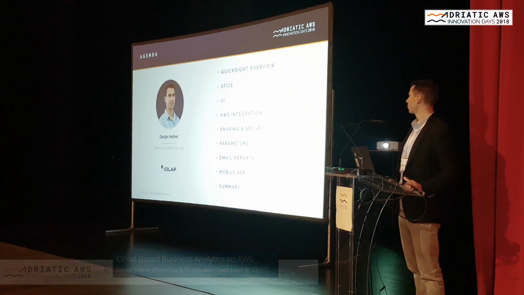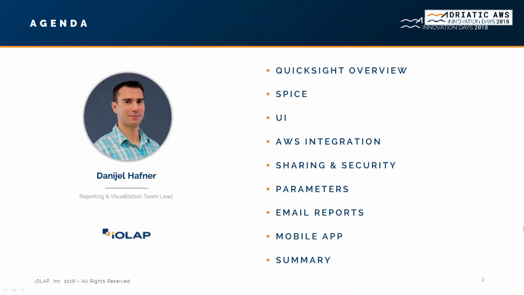So the agenda for today. I will give a QuickSight overview. After that, I will talk about SPICE, the engine that runs behind QuickSight. Next, I will show you how the user interface looks, how the welcome page looks when you log in to QuickSight. I will talk a little about how QuickSight integrates with other services in the AWS cloud.